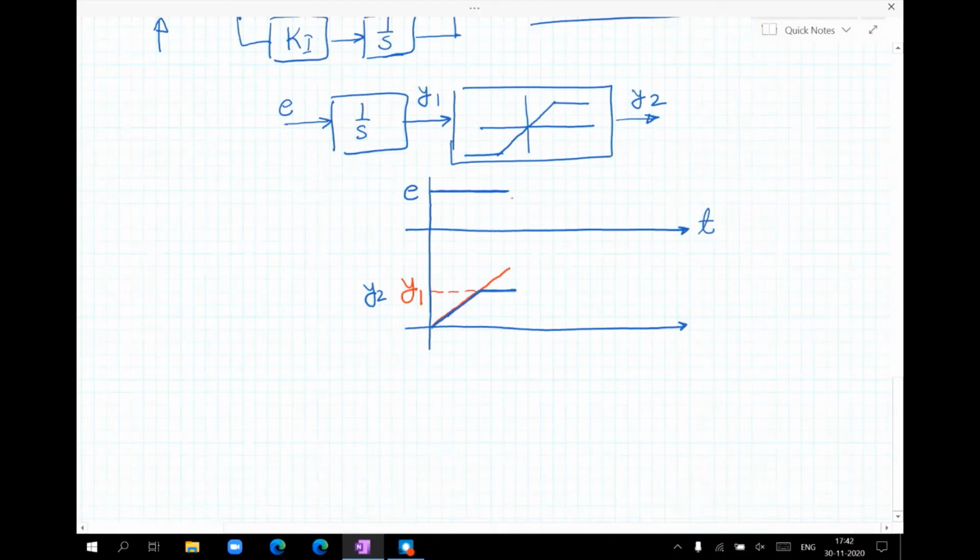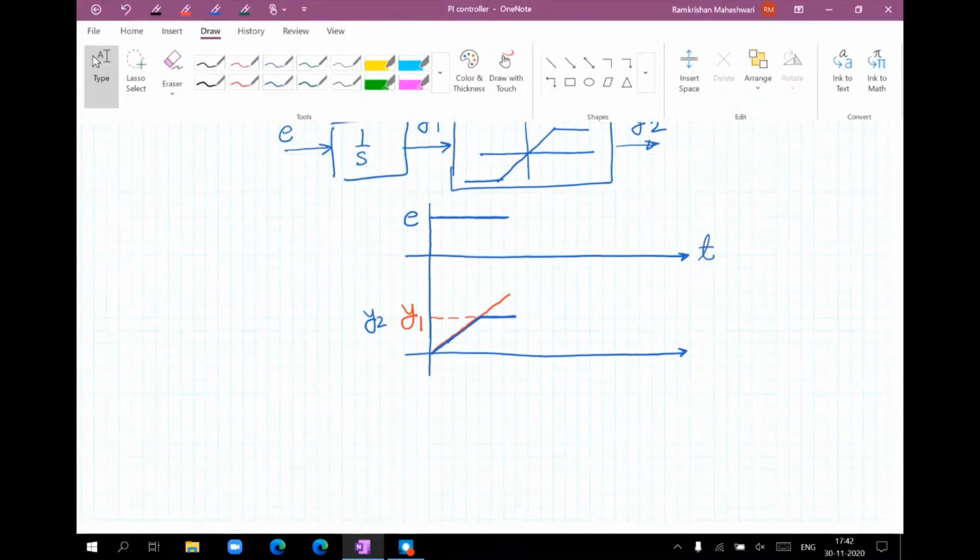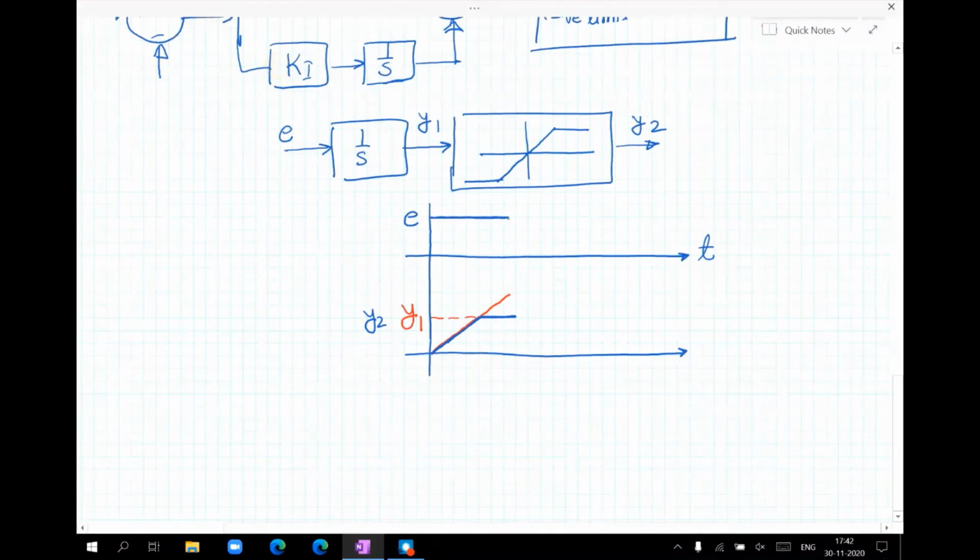Now after some time, let us say the error has gone negative. So what will happen to y1? Y1 will start decreasing. However, it is still greater than the saturation limit. So the output of the saturation block, y2, will remain constant.